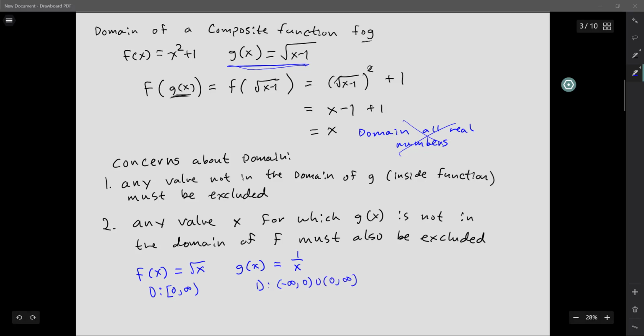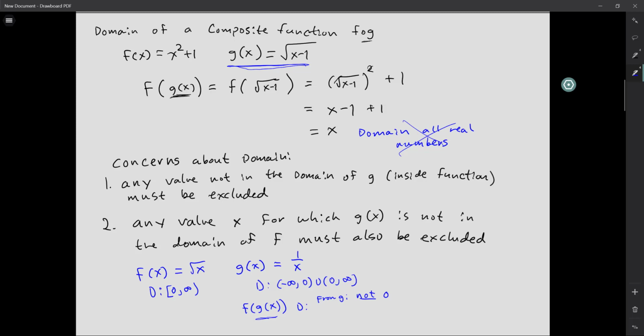Now let's see, if I look at f of g of x, and I want the domain there, well, g of x is on the inside. It says I should cut out 0. So far, the way I'm looking at it is I'm going to have a domain that matches g of x.